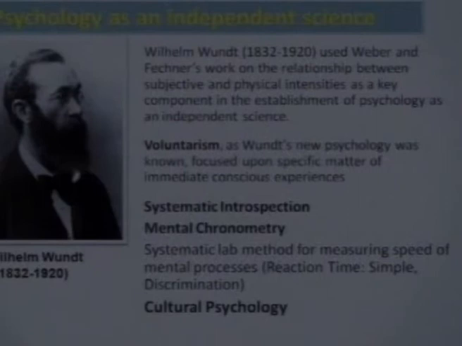Now we come to psychology as an independent science. How did psychology come to be known as an independent science? It was, as we all know, through the work of Wilhelm Wundt, and how institutions are important in the development of academics and intellectual life.